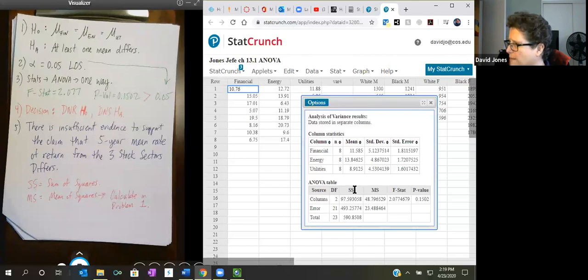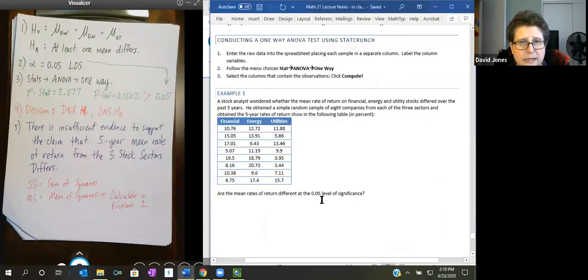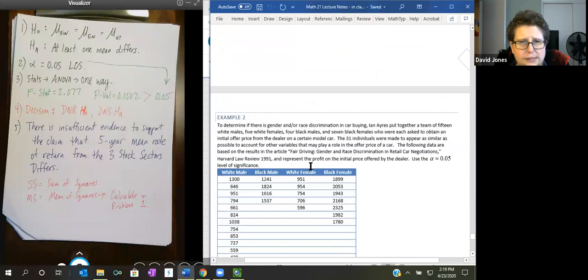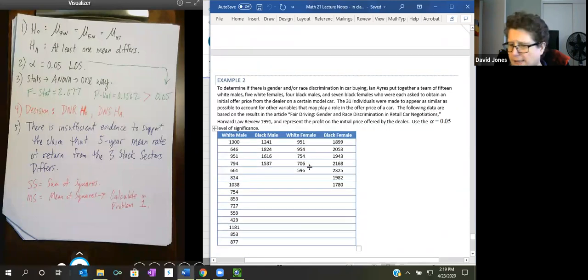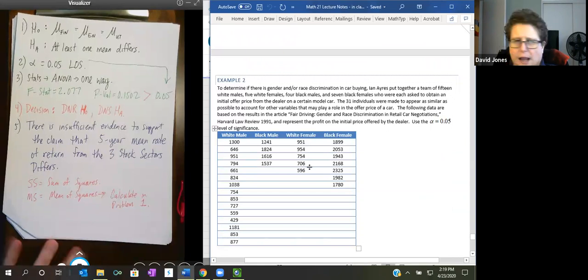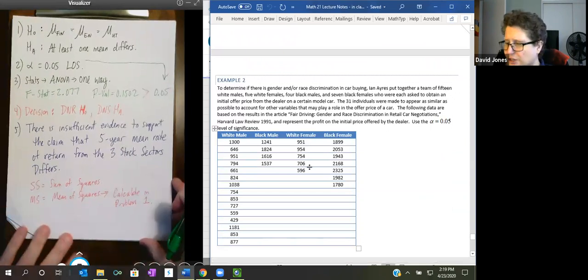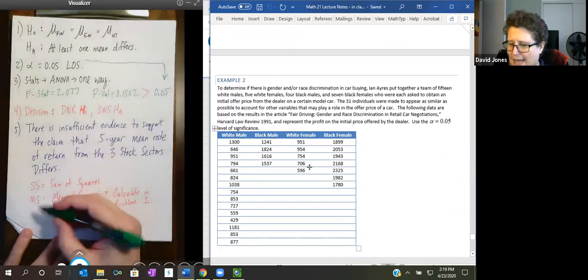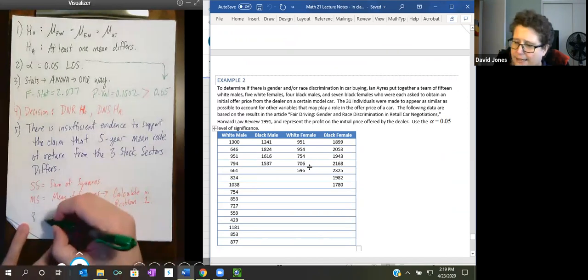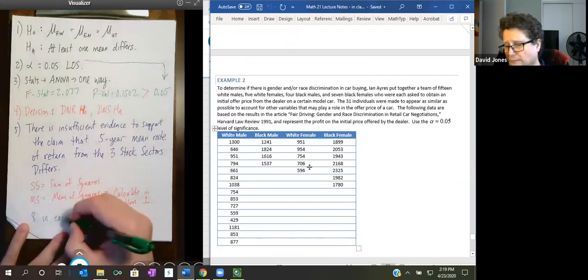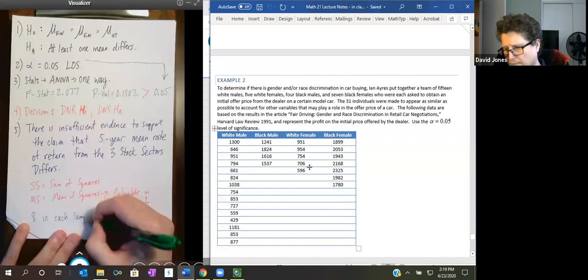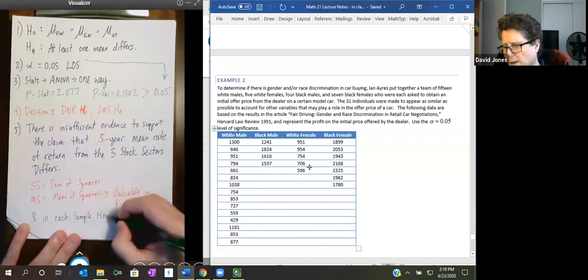Okay. That's our first problem. Let's come back over to the lecture notes and take a look at the next one. It's on the next page, and it's this one on discrimination in car buying. Notice in the last section, we had 8 in each sample here.